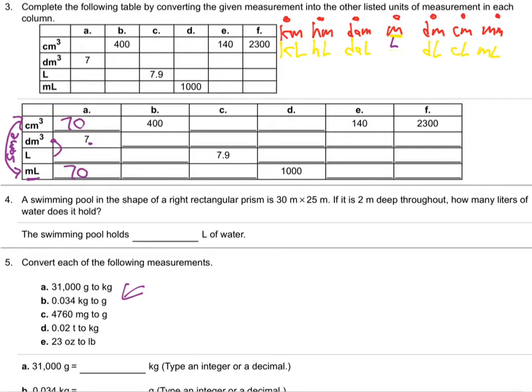Okay, so now with that in mind, if we are going from milliliters here at 70 milliliters to liters, so from milliliters back to liters, 1, 2, 3 jumps to the left. 3 jumps to the left, so I got to take that 70 and go 3 left. 1, 2, 3, so 0.07 liters on that.